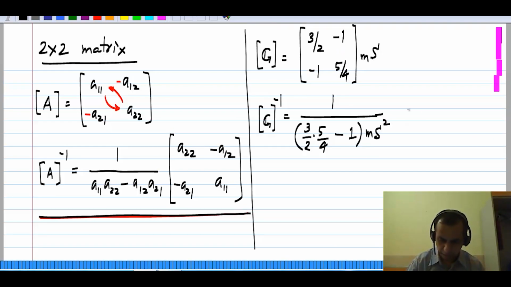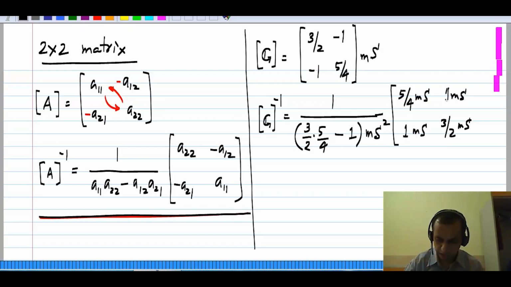Millisiemens square, and I have to swap the diagonal elements, so I get 5 by 4 millisiemens over there, 3 by 2 millisiemens over there, and this minus 1 will become 1 millisiemen, and the other minus 1 also becomes 1 millisiemen.